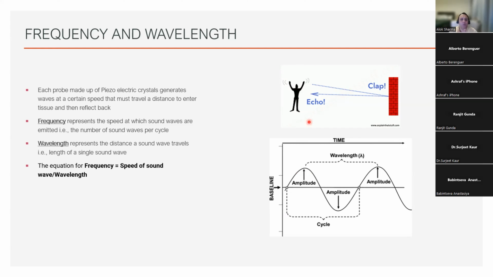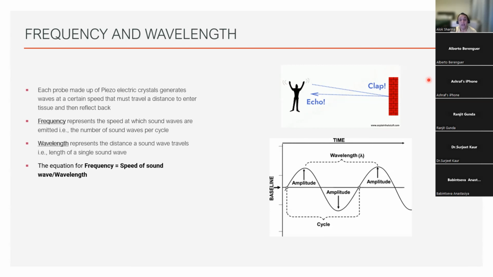Now, if he claps once, naturally one sound wave travels and comes back. If he claps repeatedly, then you will generate sound waves at a certain interval. The generation of sound waves at that interval is known as frequency. So this is generating a sound wave.